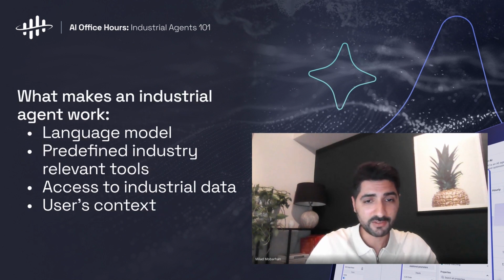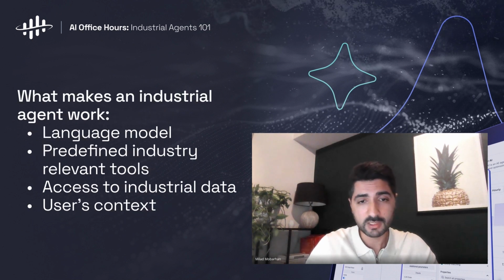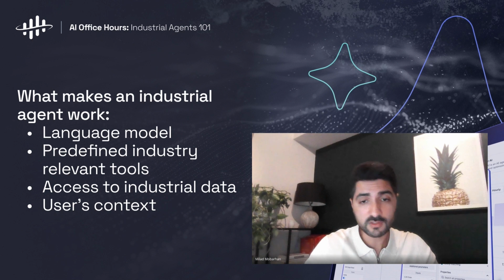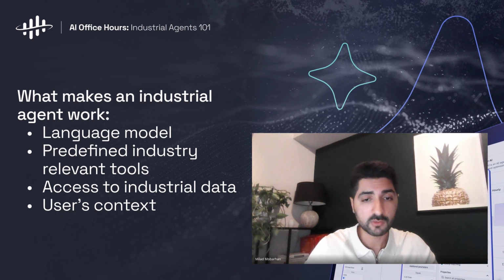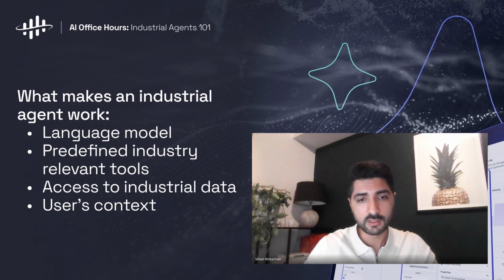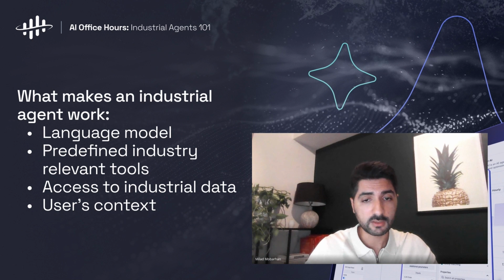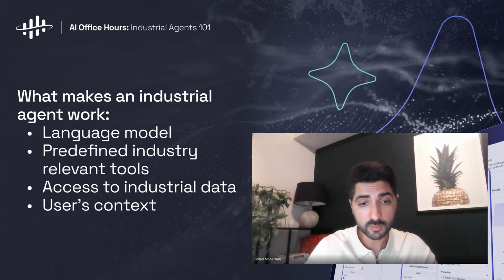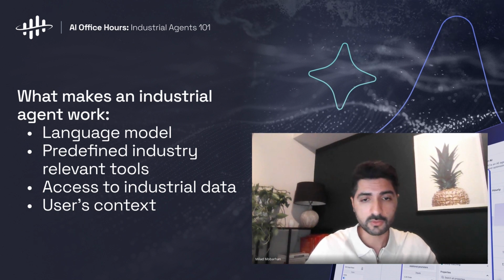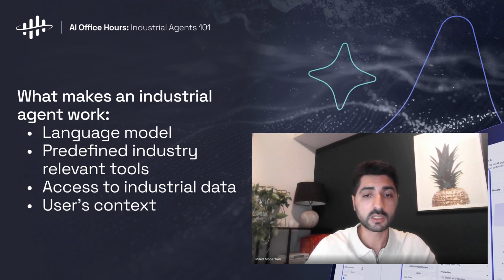It consists of a language model with reasoning capabilities, a set of instructions that describe how the agent should go about solving a specific task, a set of predefined and industry-relevant tools that enable the agent to interact with its external environment, and of course, access to relevant industrial data as well as the user's context.